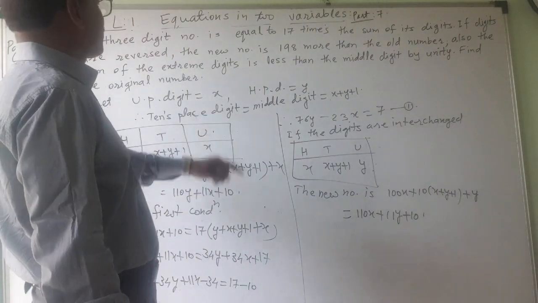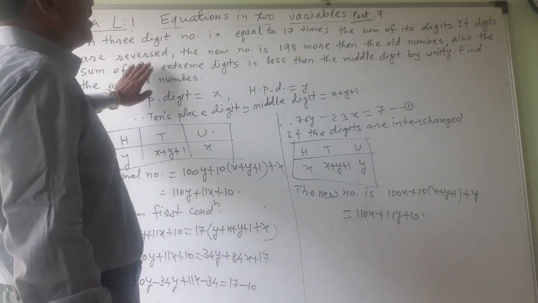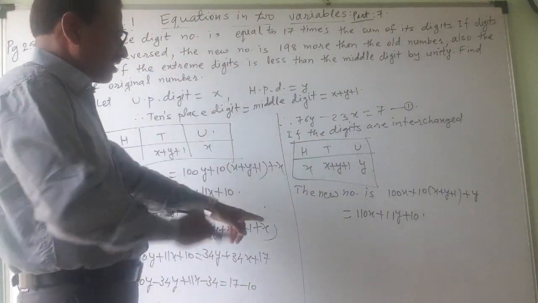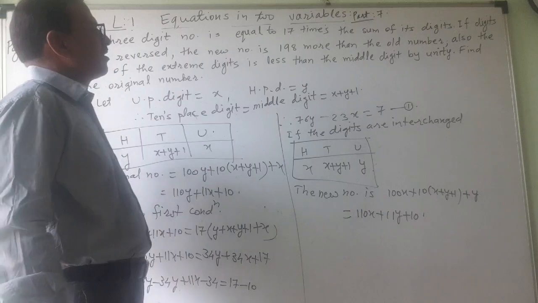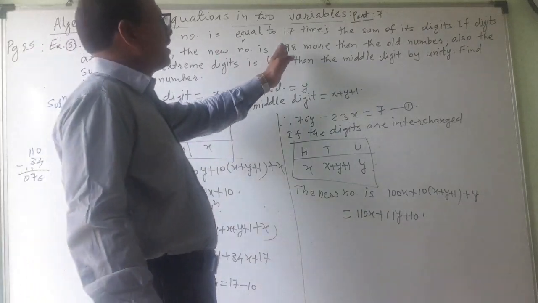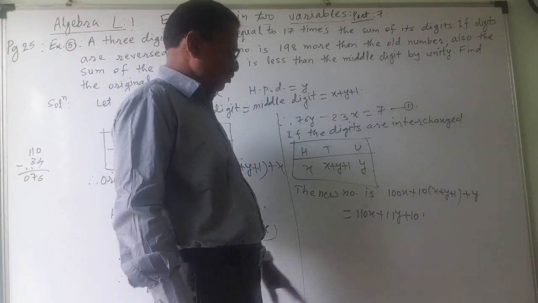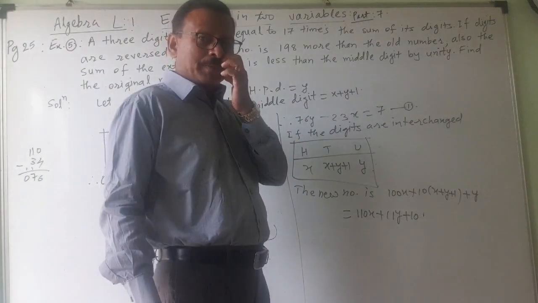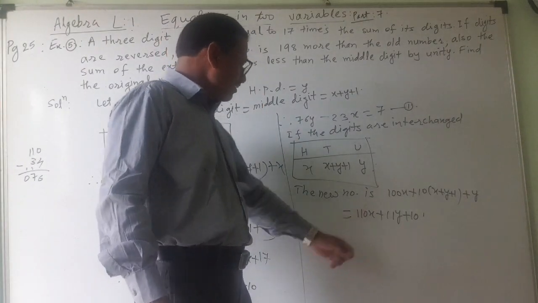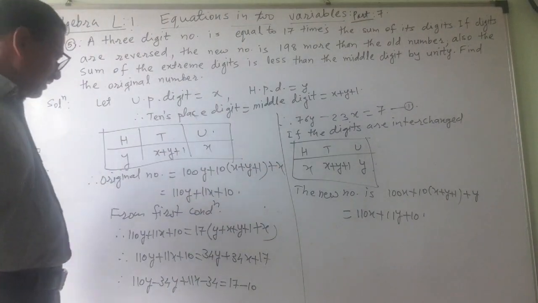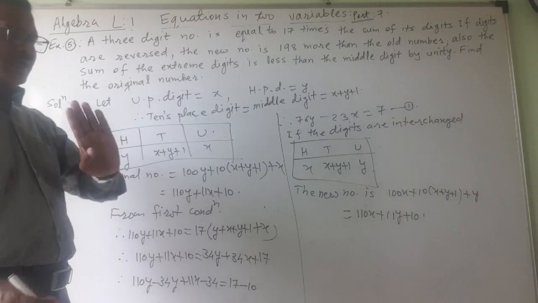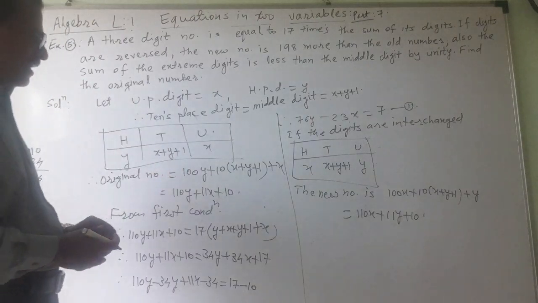Now we will see the second condition. If the digits are reversed, the new number is 198 more. So this is the bigger number. Big number means the difference is 198. This is bigger and the original number is smaller by 198. That means their difference is 198.